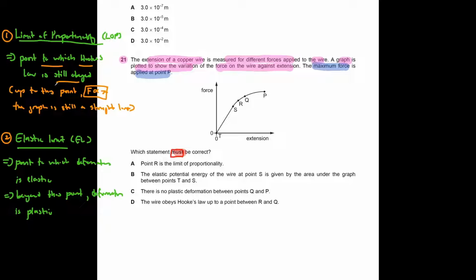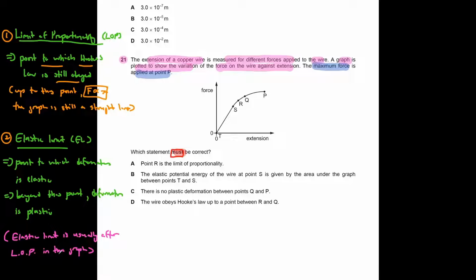Okay, so there's a relation between limit of proportionality and elastic limit. That one being that elastic limit is usually after your limit of proportionality in the graph. Usually elastic limit comes after limit of proportionality.